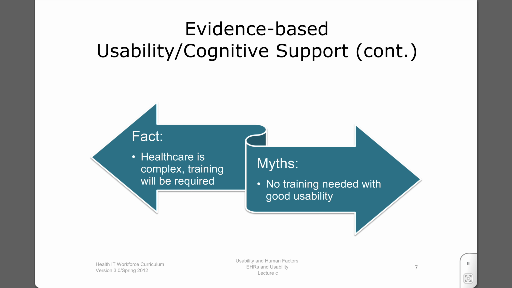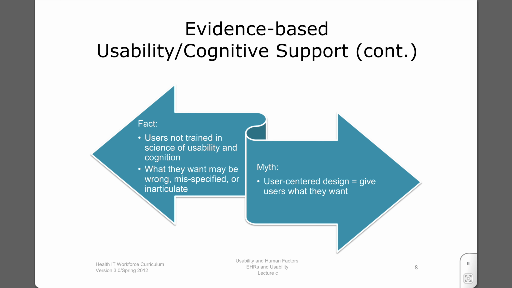One myth is that no training is needed if the usability is good enough. But healthcare is complex. Software for healthcare is bound to be complex, and we must find ways to implement training. User-centered design has sometimes been mistaken as just giving users what they want.